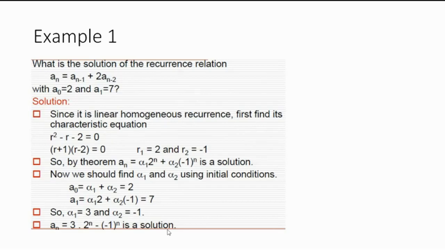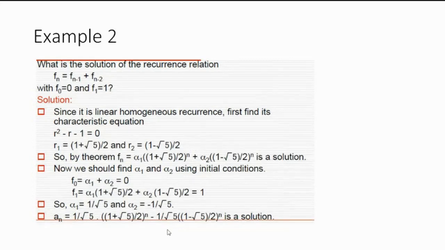With this linear recurrence relation, you need to get the characteristic equation. Once you get the characteristic equation, you get the roots, and then you get the corresponding r1 and r2 values. Using those r1 and r2 values, form the initial value equations with alpha 1 and alpha 2, and solve those two equations. Then you will get alpha 1 and alpha 2, and finally you can make the solution. Clear?